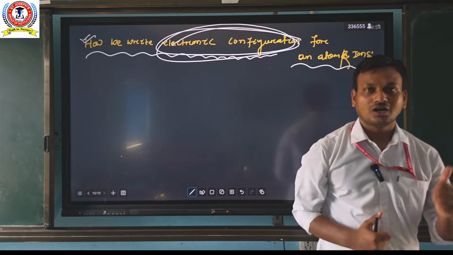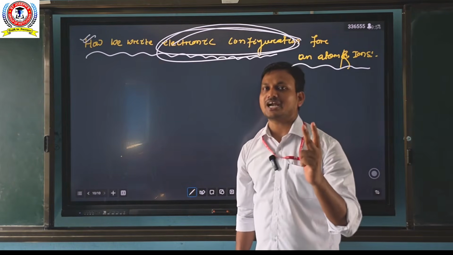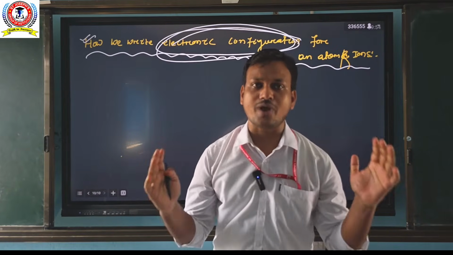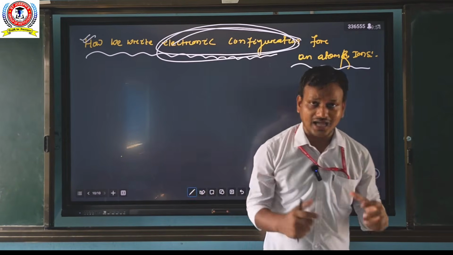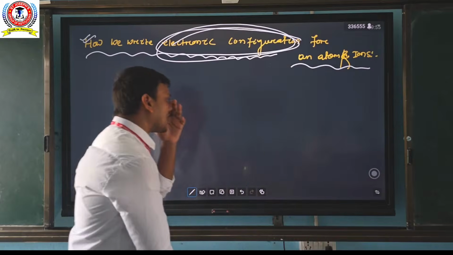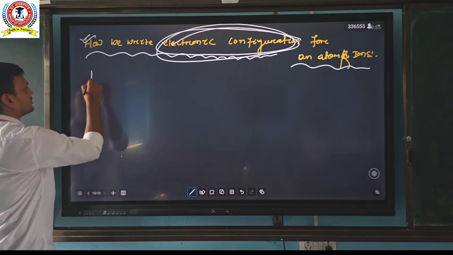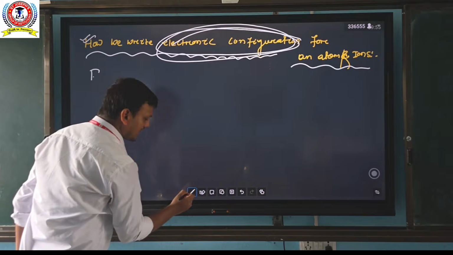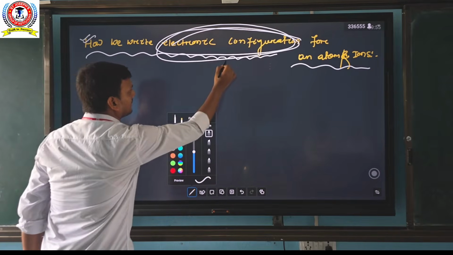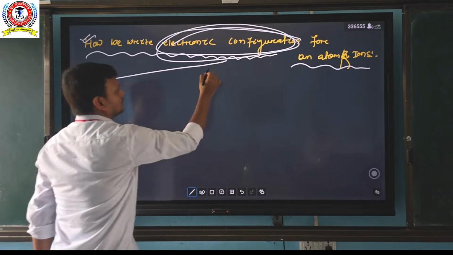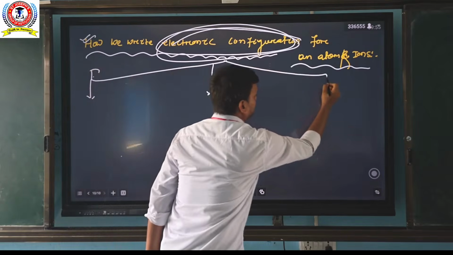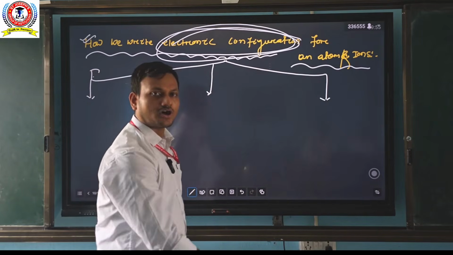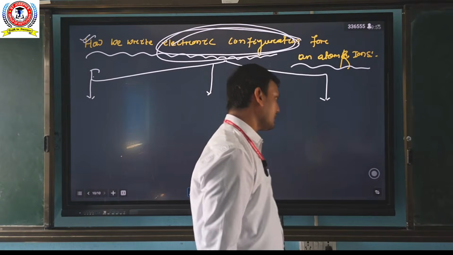This is your Aufbau principle. Second one is Hund's rule for maximum multiplicity, and third one is your Pauli's exclusion principle. That means we have to obey 3 rules to write electronic configuration for an atom or an ion.